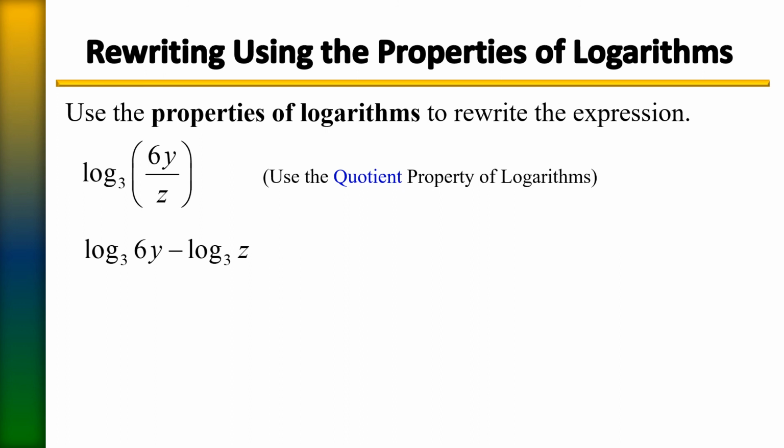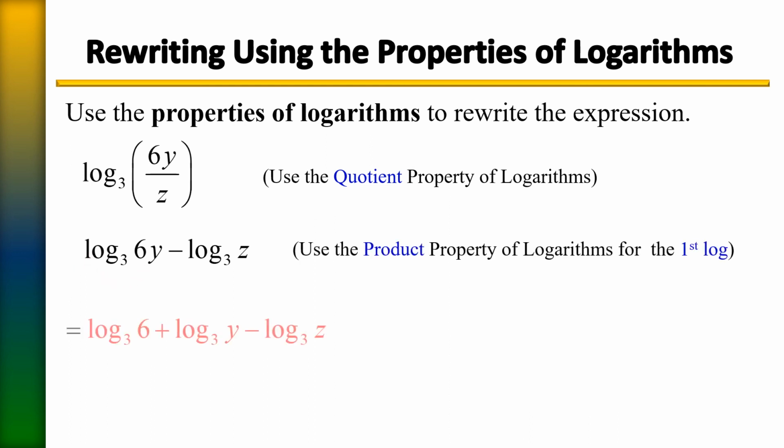So what you'll have is log base 3 of 6 plus log base 3 of y. So when you do that, it's going to look like so. And that's about it. There's nothing more you can do to expand that. And there you have it, rewriting using the properties of logarithms.